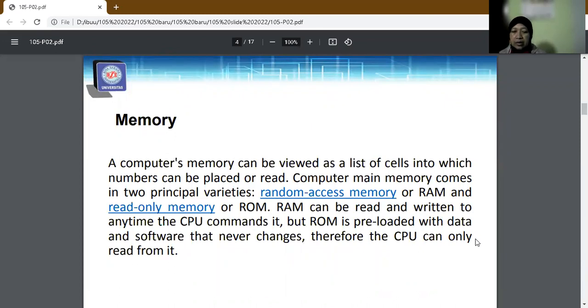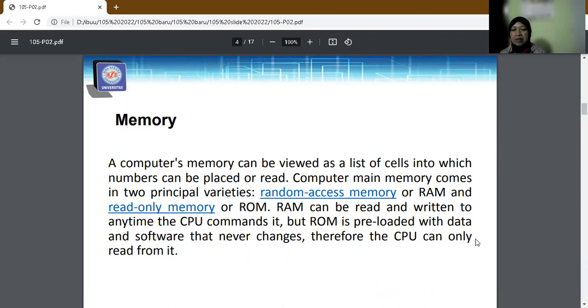RAM can be read and written to any time the CPU commands, but ROM is preloaded with data and software that never change. Okay, I think you understand that.